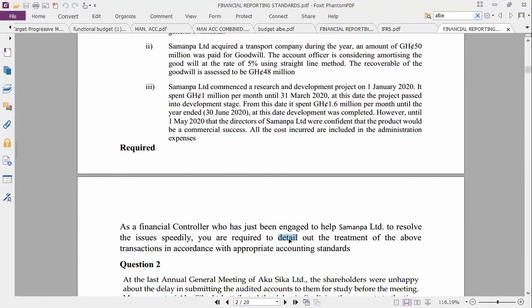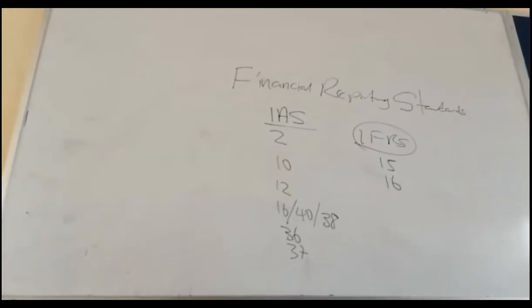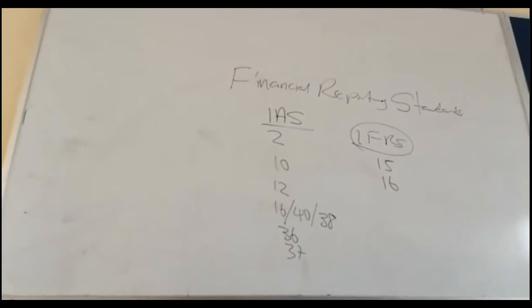Accounting treatment simply means, under each case, tell us how you treat each of the items. Usually the solution moves in line with the phrase that we use: detail the accounting treatment, or calculate the cost, or post the relevant entry, or prepare the relevant extract.